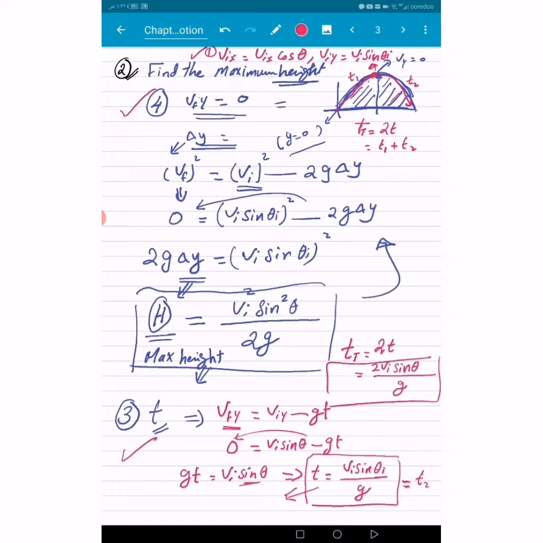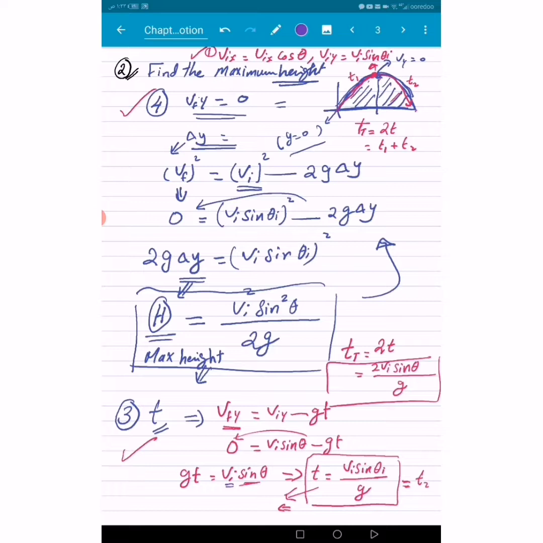How can you find the T from these equations? That is one special case: sometimes they don't mention the sine or V initial, and he wanted the time to complete the other calculation.